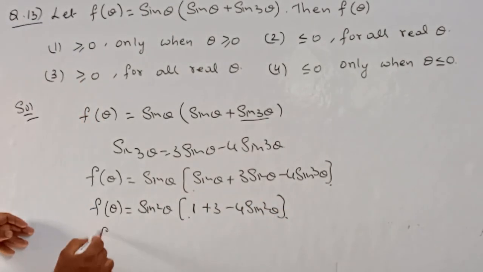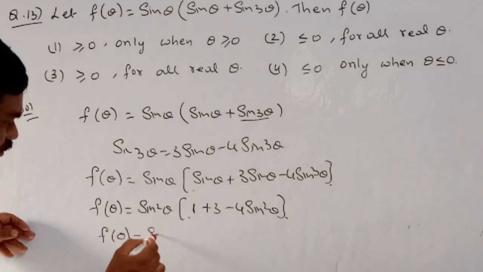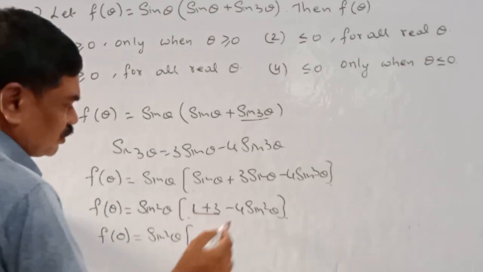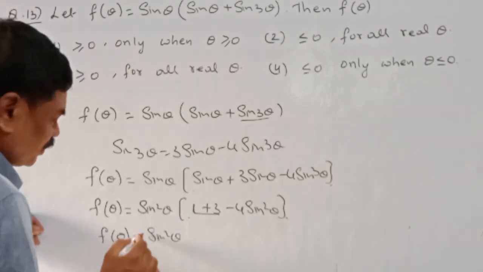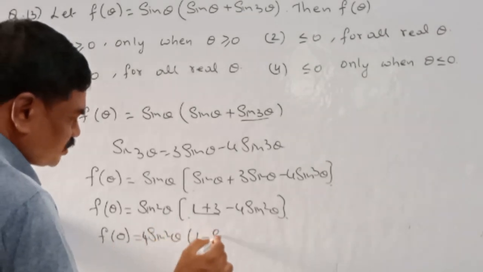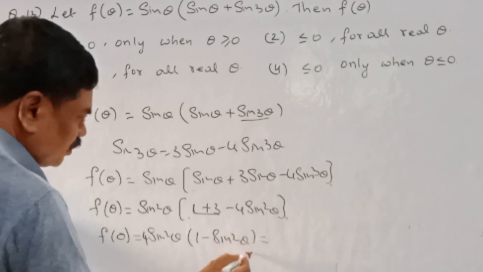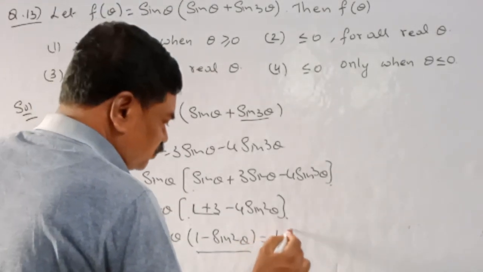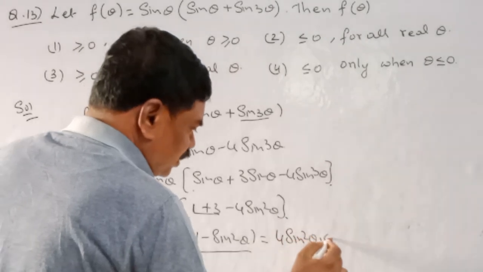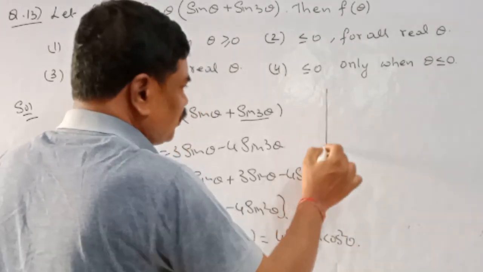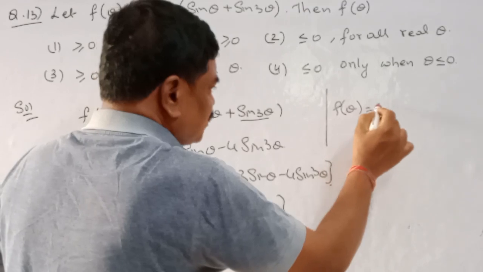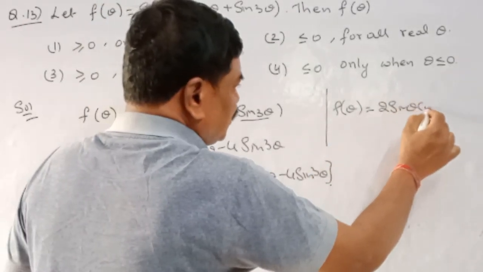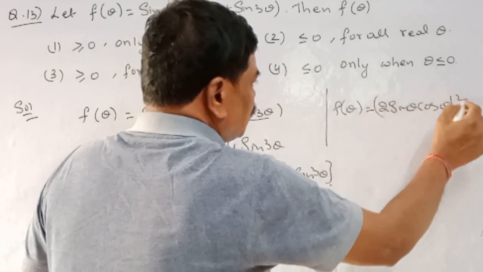Okay, so f of theta is equal to sine square theta. This is 1 plus 3, 4. Take 4 common, that is 1 minus sine square theta. But what is 1 minus sine square theta? Cos square theta. 4 sine square theta into cos square theta. So f of theta can be written as 2 sine theta cos theta whole square.